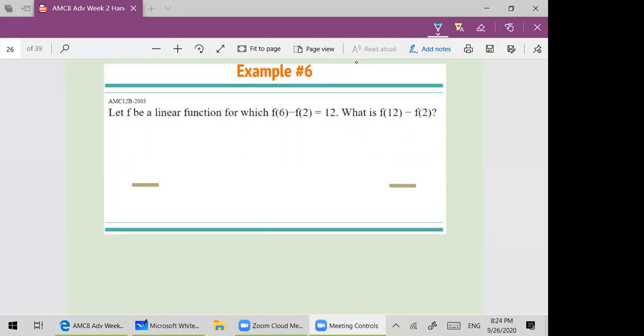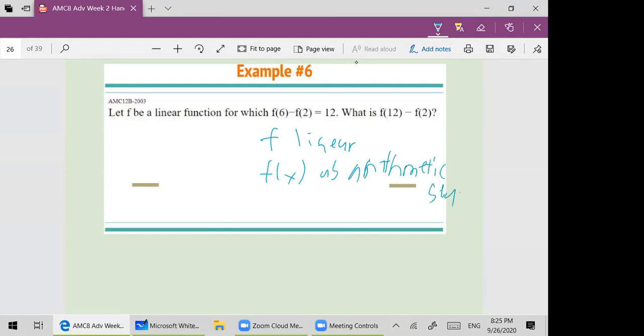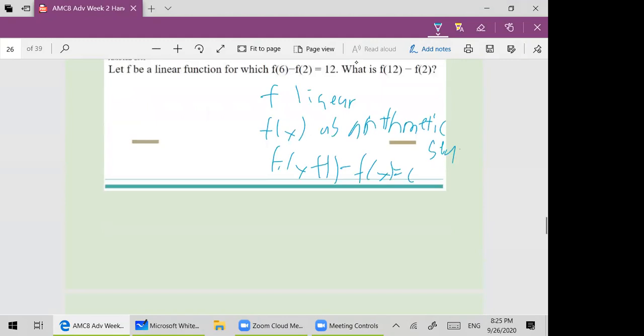Okay, so f is linear. So you can think of f of x for integer x as an arithmetic sequence. So f of x plus 1 minus f of x equals c for all x.